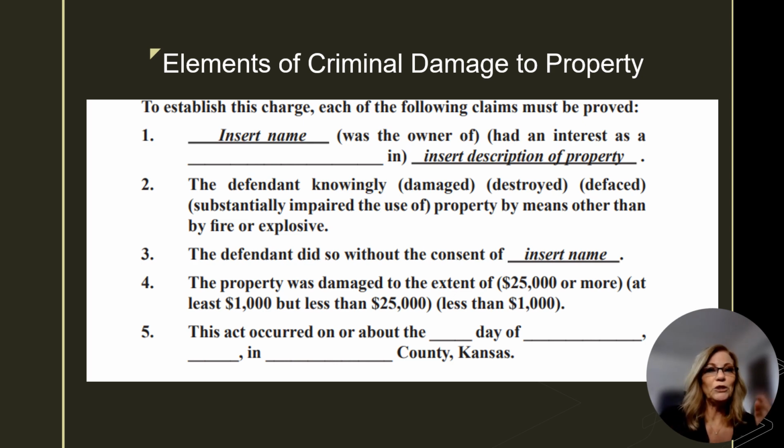And the property damage was extent of, and then they have different levels. And the reason they have different levels, just as an aside, is when it comes to sentencing, depending on how much the value was, it's what level of crime. But they always also have to prove that the act occurred in the jurisdiction that they're at. That's always going to be in a criminal case. These are the 5 elements the government has to prove, okay?